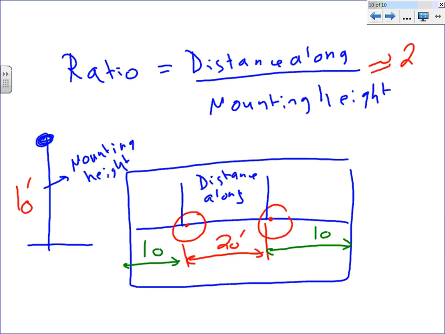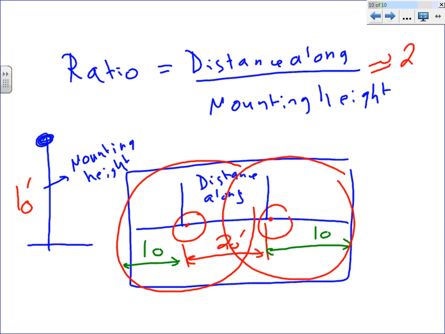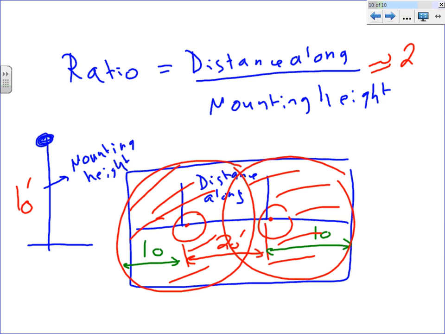The curve of this fixture is going to look something like this, and all this area is nicely lit by the fixture, but not anything else.